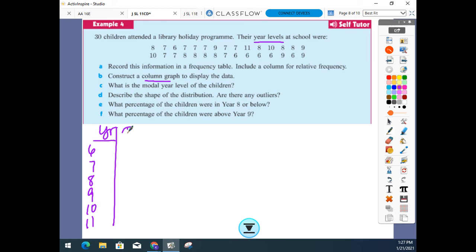Then we're going to make our tallies. All right, just for the sake of time and effort, what we normally do is 8 has 1, 7 has 1, 6 has 1, 1, 2, 3, 1, 9, 2 7s.